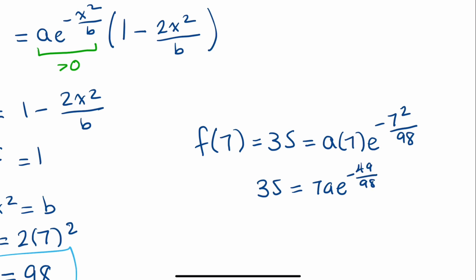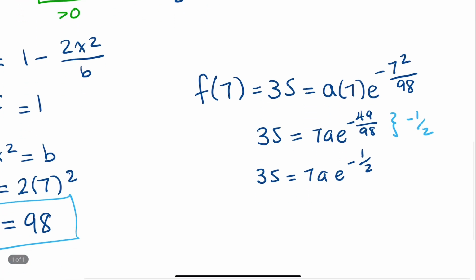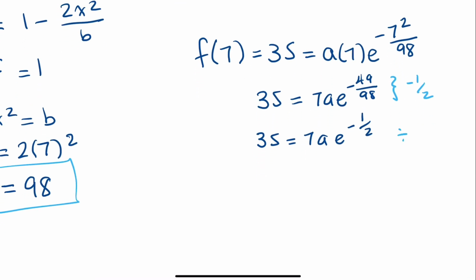And then I can simplify this down. I can see that this is equal to 35 equals 7a e to the negative a half, because this reduces down to 1/2. And so now I can divide both sides by 7.